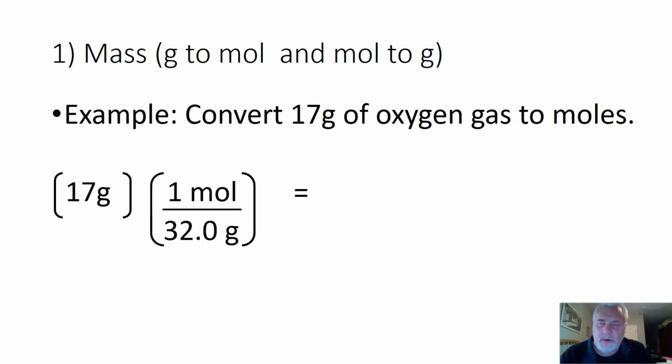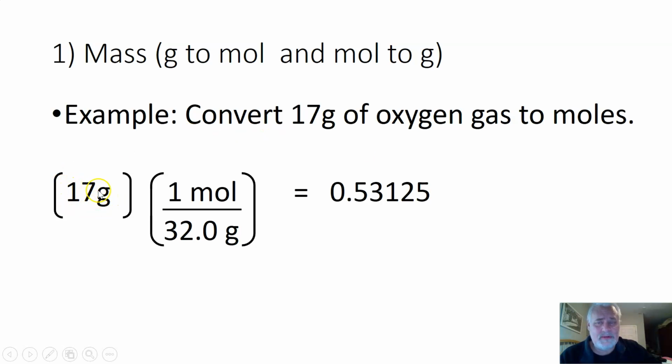All right. So now you take the top number divided by the bottom number, and your calculator is going to say 0.53125. And if you would put moles behind that, you'd only lose 1 point. But let's really work on getting those sig figs down.